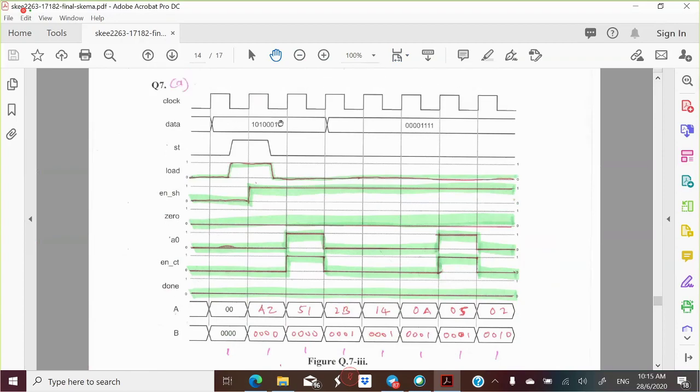See, clock, data, start. Now, where is the answer? You have the A and the B. Let me see. 0, but this is 0, 0, 1, 1, 1, 1, 2. Why?